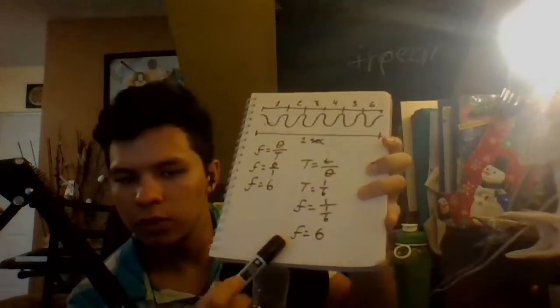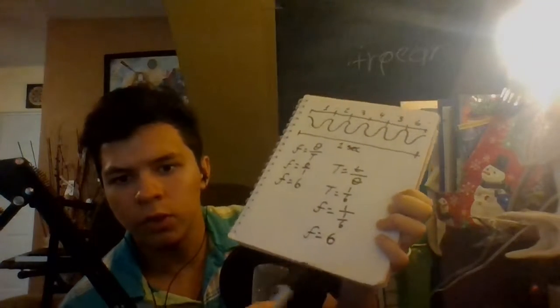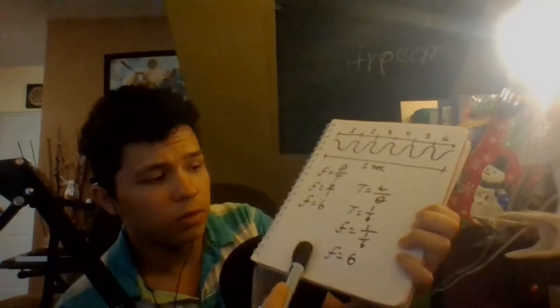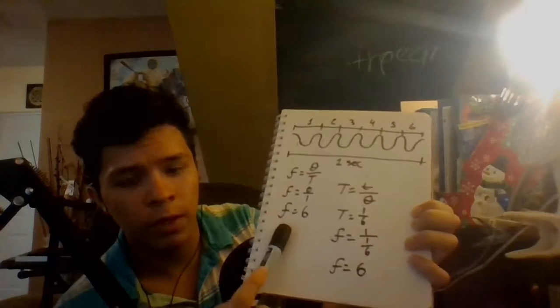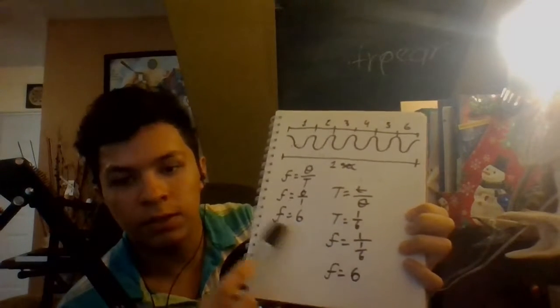So we just do the long division and we find that the frequency is equal to 6. Now, the way we do it by conceptualizing, and the way following just the formulas, give us the same result, so the formulas are correct.